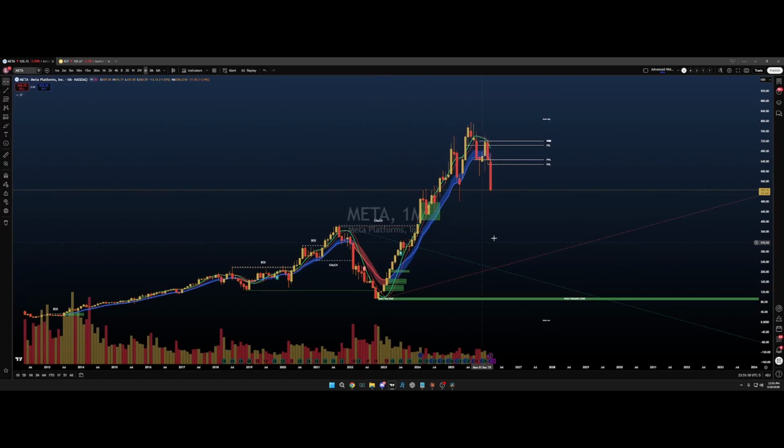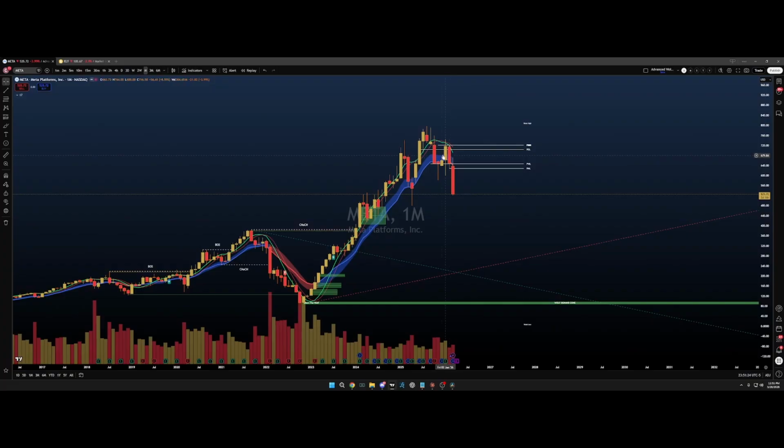Now let's flip to a structure that is currently failing the structure test. So you already see we have an ARC confirmation to the downside. That means price is heavily bearish, and being bearish on the monthly time frame is a huge signal, because the last time it did this, it dropped from 351 all the way down to 93 bucks.